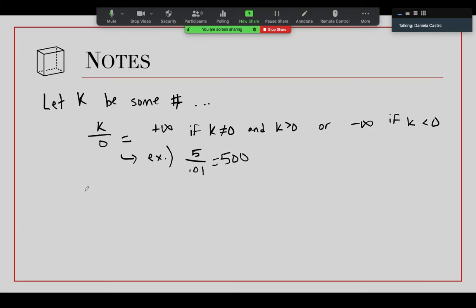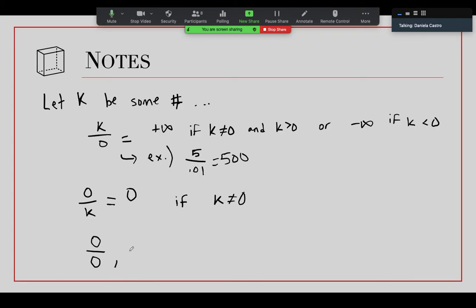The other thing I want to say is 0 over k is going to always be 0, right? We definitely know that. 0 over anything is 0 if k is not equal to 0. I should be careful, right? Because not technically anything. Because if I have 0 over 0, we know that to be indeterminate.